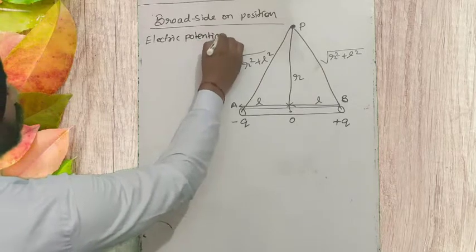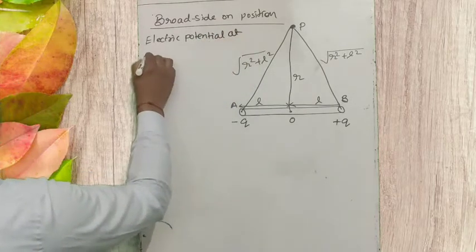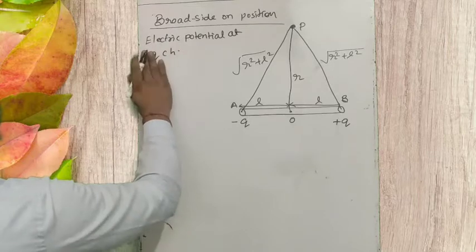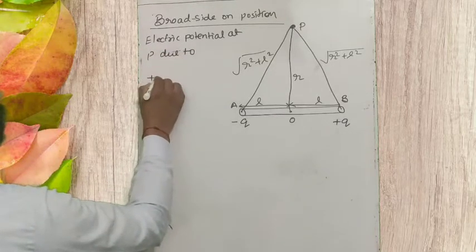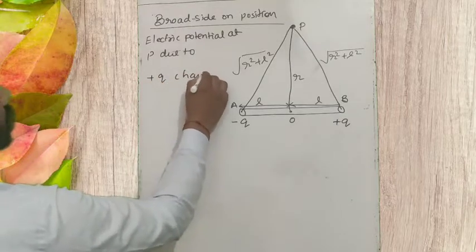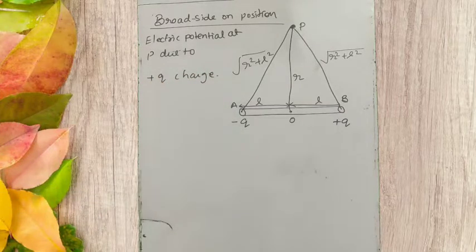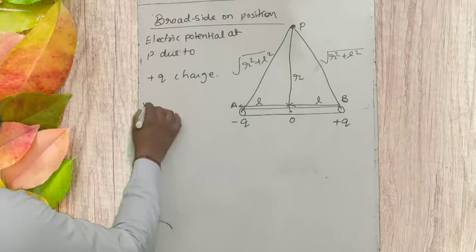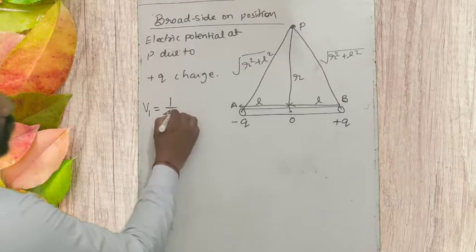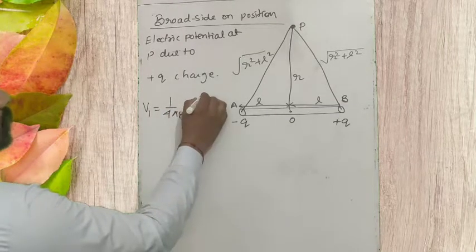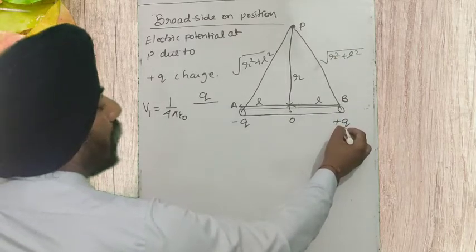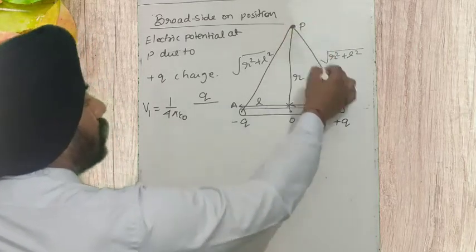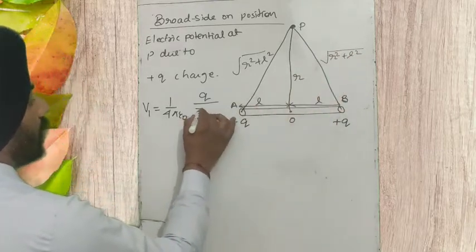That will be V1 equal to 1 upon 4 pi epsilon naught, q by the distance of point B, the positive charge, from point P, that is under root r square plus l square.